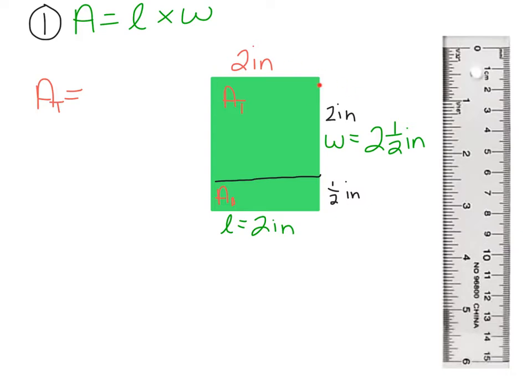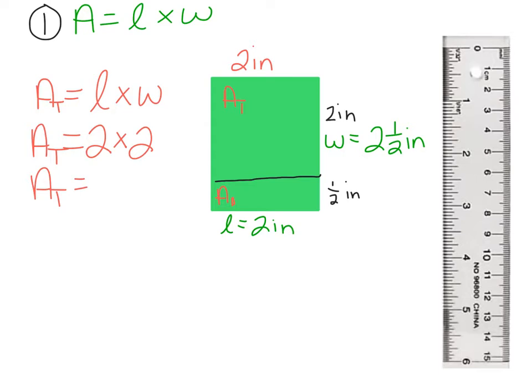So what's 2 times 2? Area of my top portion, 2 times 2, is 4. And we're in inches squared, or squared inches. So the area of the top section is 4 inches squared.